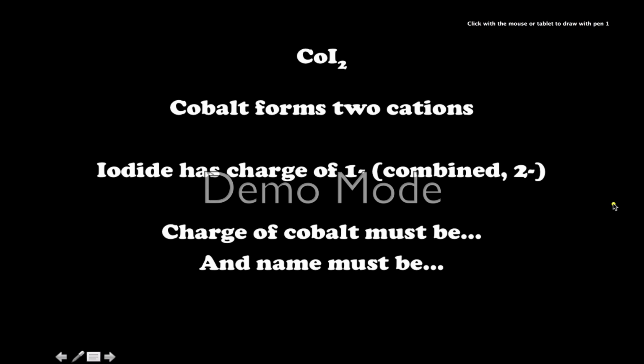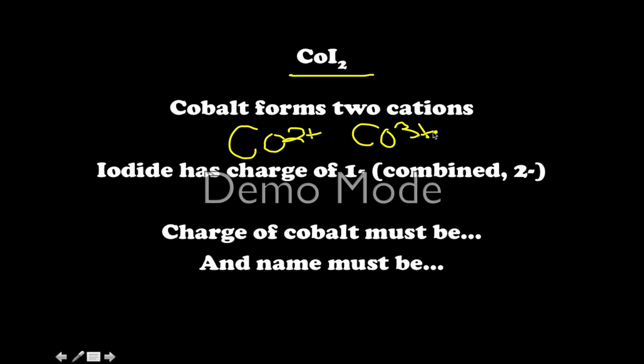Before we finish, let's try 2 more examples. First, we will do CoI2. CoI2 is composed of 1 cobalt cation and 2 iodine anions. Before we start, remember that cobalt forms 2 cations, cobalt 2 plus and cobalt 3 plus.